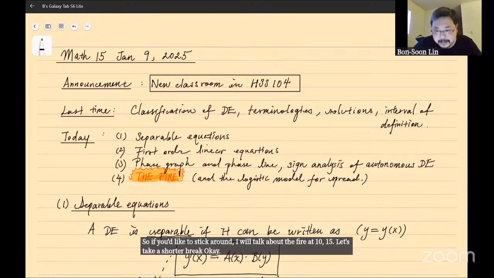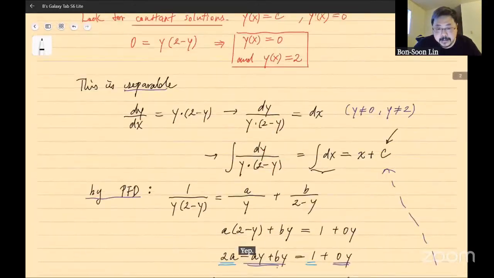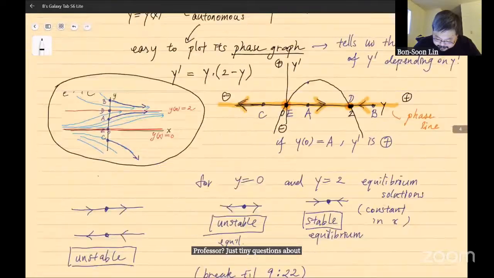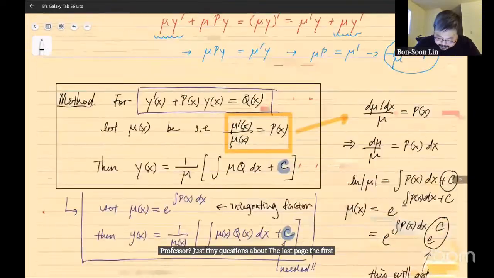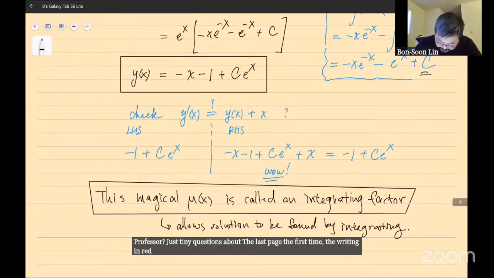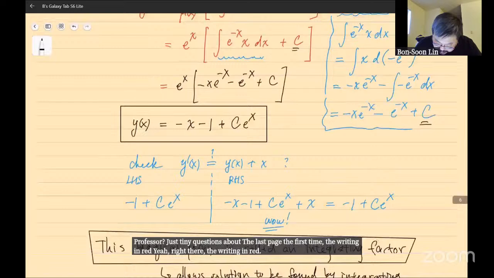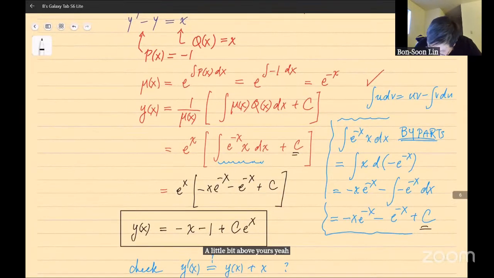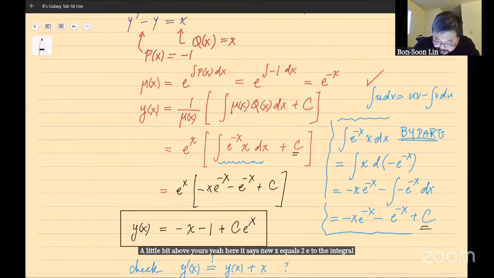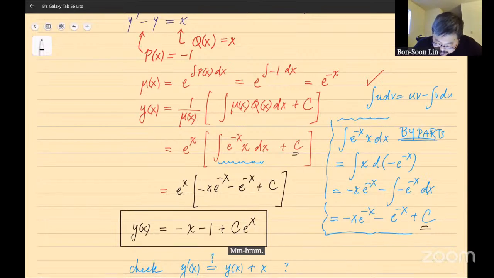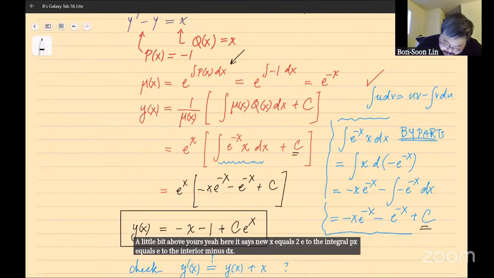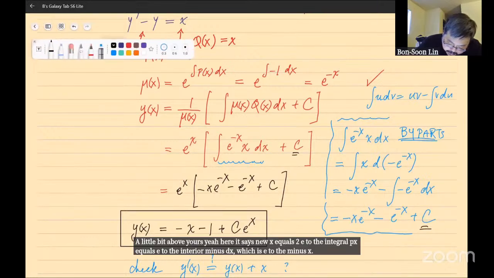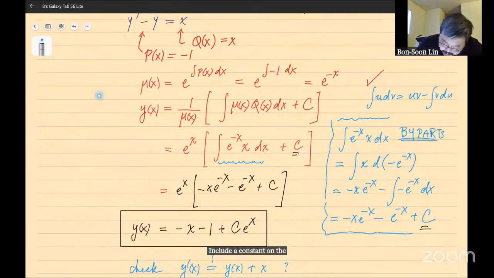Professor, just a tiny question about the last page, the first line, the writing in red. Where? Yeah, right there, a little above yours. Here it says mu of x equals e to the integral of p of x equals e to the integral of minus dx, which is e to the minus x. Shouldn't it include the constant on the power of the e?